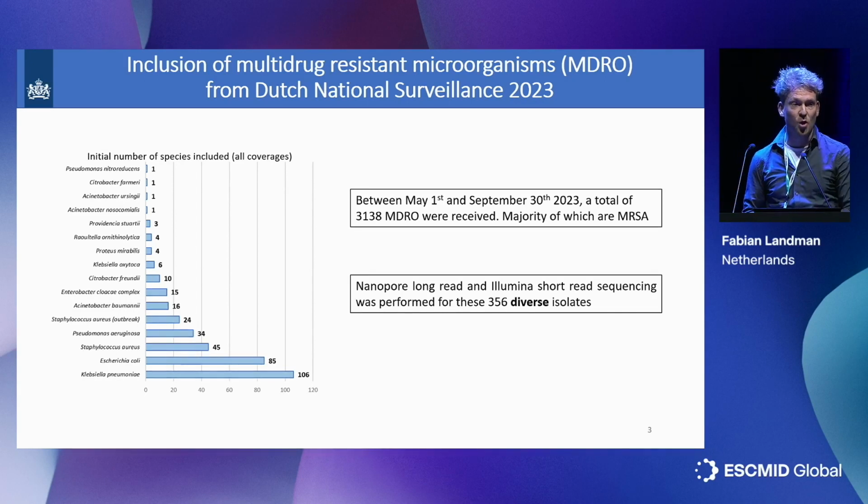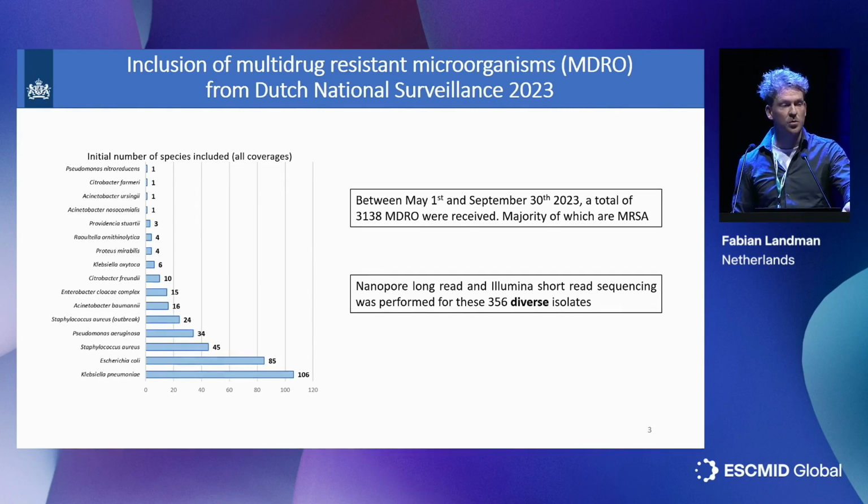We did not sequence them all because the majority are MRSA isolates, so we only did a subset of those. But everything that was submitted for CPE, CPPA isolates, we did sequence with long-read sequencing and short-read. So we ended up with 350 isolates, as you can see by species, very representative of what we usually receive.